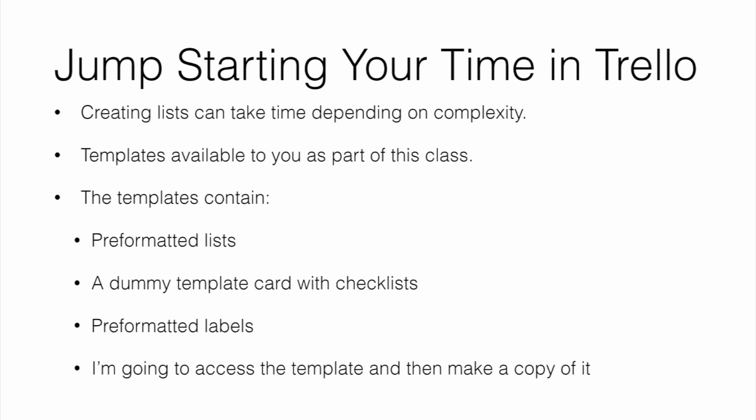And what those templates are going to do is they're going to contain pre-formatted lists for you to use, a dummy template card with checklists in some cases, pre-formatted labels, and I'm going to access those templates as part of our walkthroughs and make a copy of it, and you'll be able to do the exact same thing to jumpstart, I call it jumpstarting, your process to using Trello for your job search. Just makes it a whole lot easier.